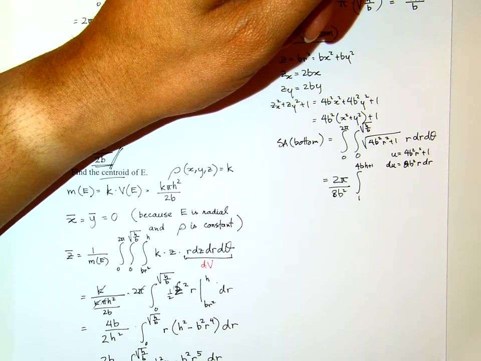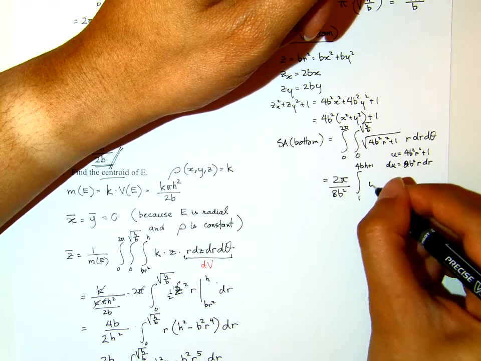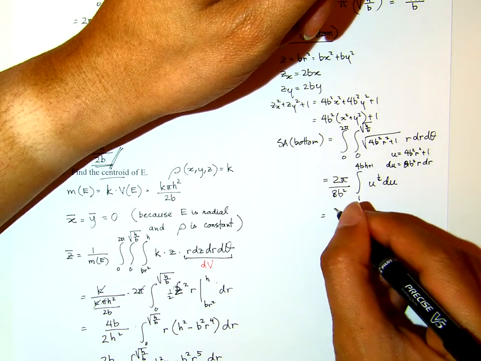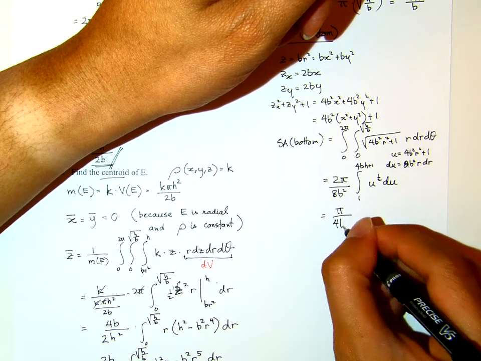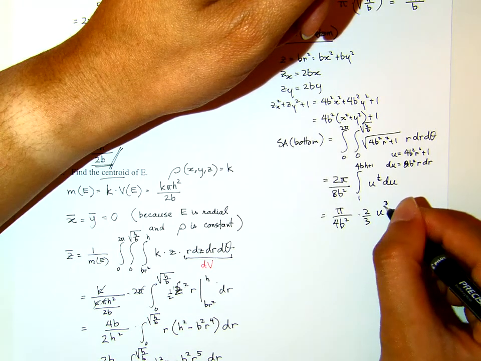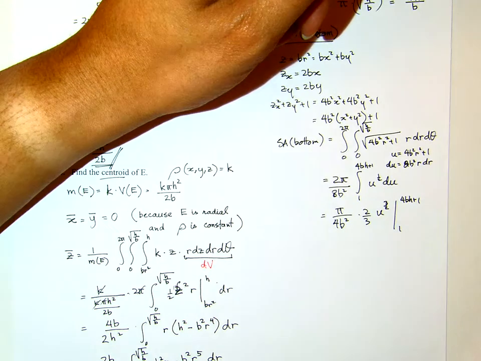Is that right? Okay, and then we now have u to the power of 1/2 du. This is pi over 4b squared times 2 over 3 u to the power of 3/2 from 1 to 4bh plus 1.